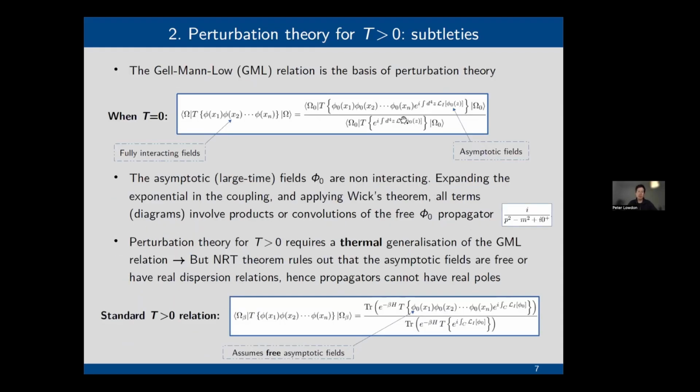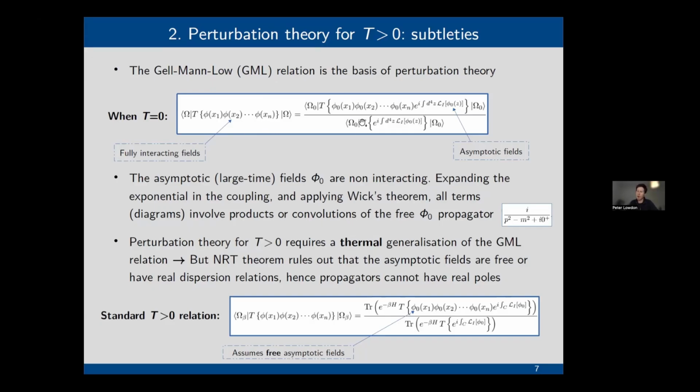So this will play a role later when we talk about how we try to resolve this. But I think it's nice to sketch where perturbation theory comes from on a correlation function level. So obviously correlation functions are the basic objects of interest that we study in QFT. And what you can show, this famous Gell-Mann-Low relation, is the classic textbook equation.